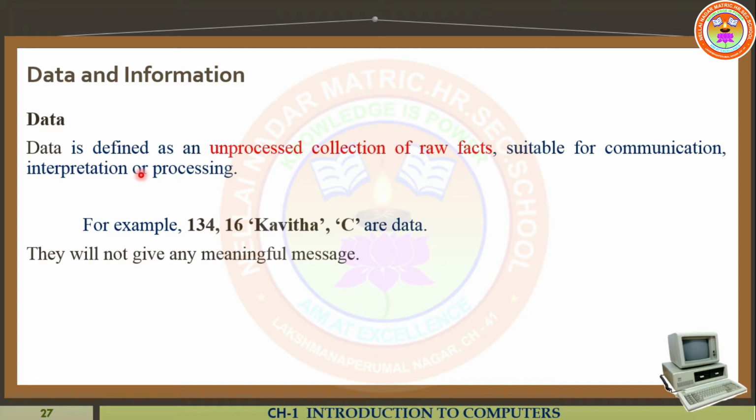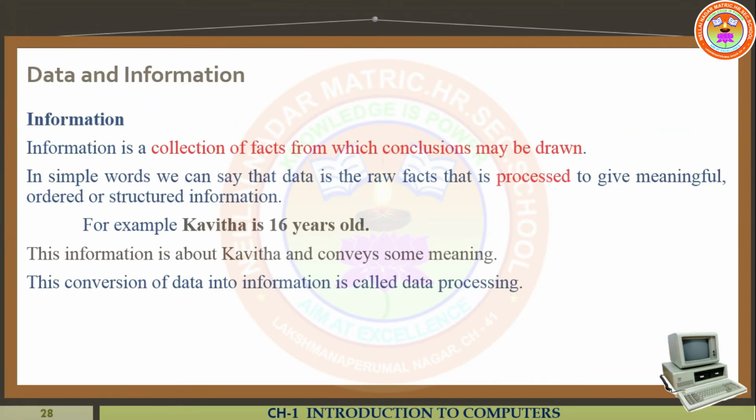Right. The next definition is about information. So what is information? Information is a collection of facts from which conclusions may be drawn. In simple words, we can say that data is the raw fact. That data should be processed to give meaningful, ordered, or structured information.